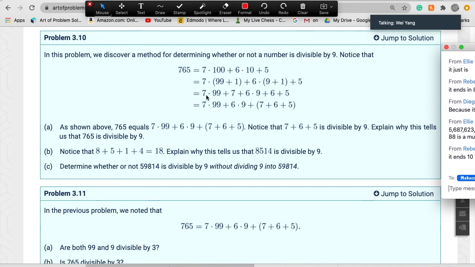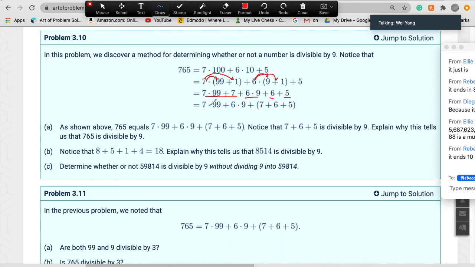Then we write this one as 7 times 99 plus 7, right? You just distribute this 7 to here and this 7 to here, and you get these 2 terms. Now you also distribute the 6 to here, and you get 6 times 9 plus 6, then plus 5.